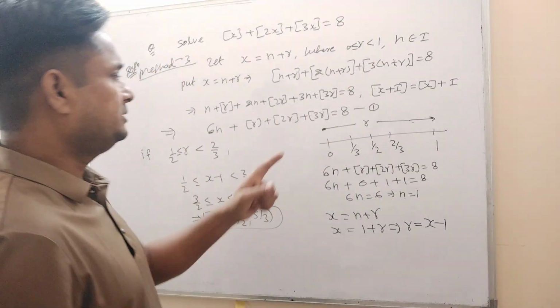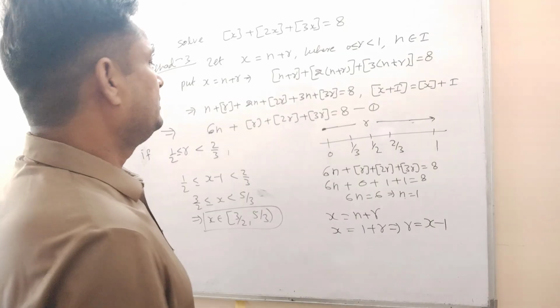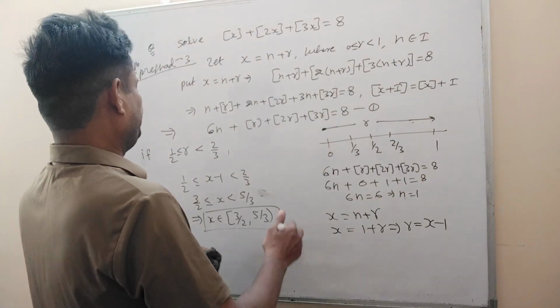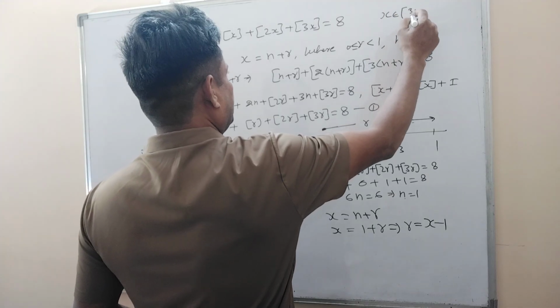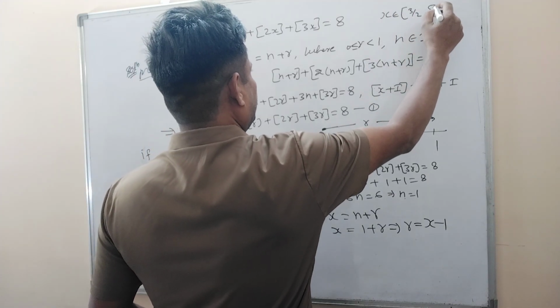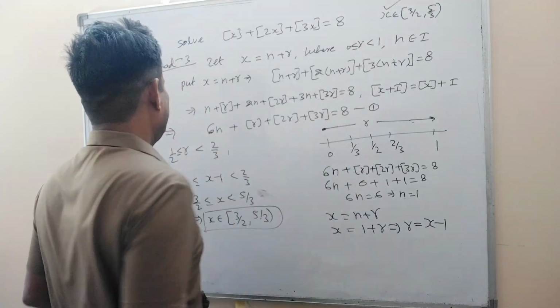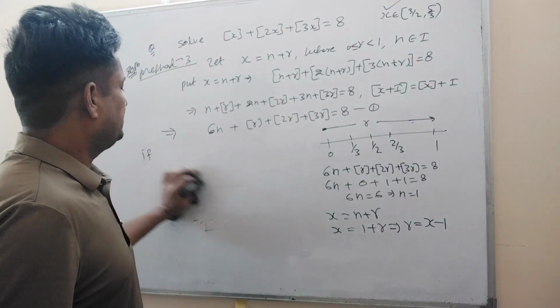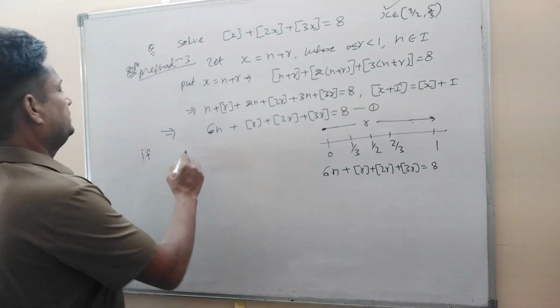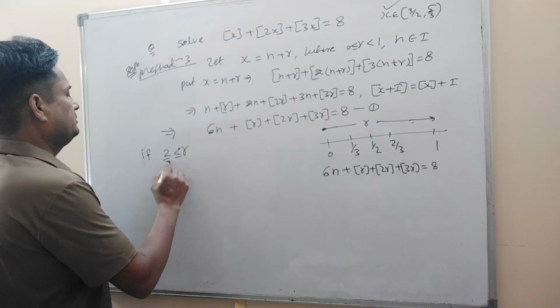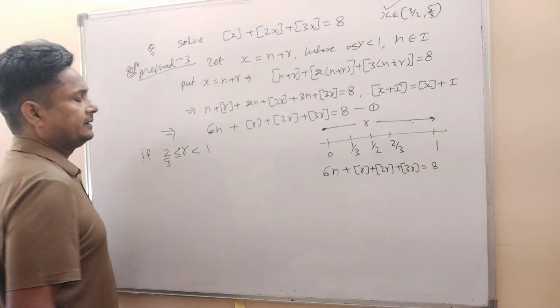Now there is one more interval left. So the first answer is x belongs to 3/2 to 5/3. This is the solution. Now find out the other interval. r is 2/3 to 1.